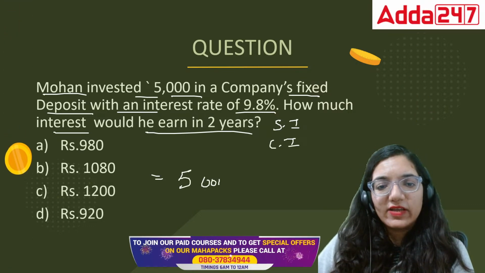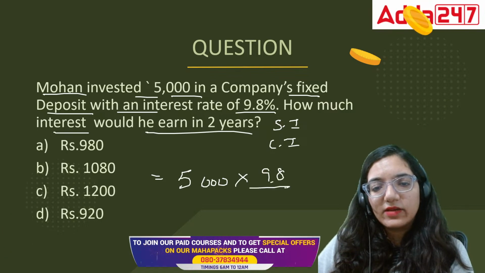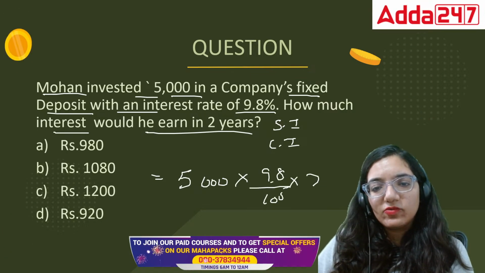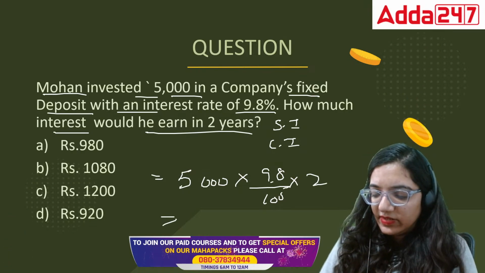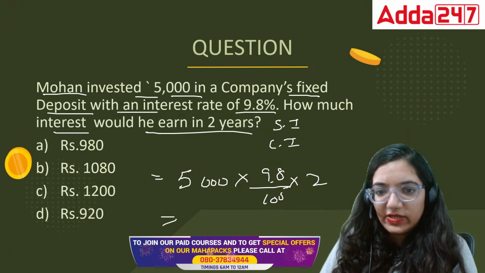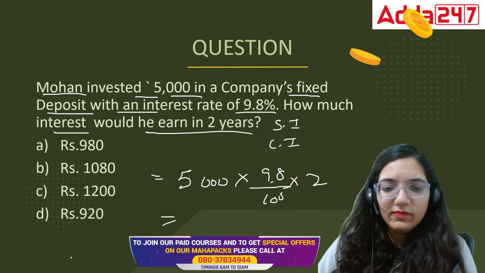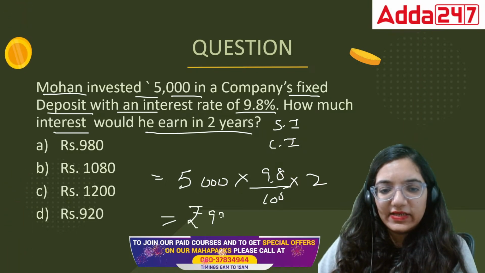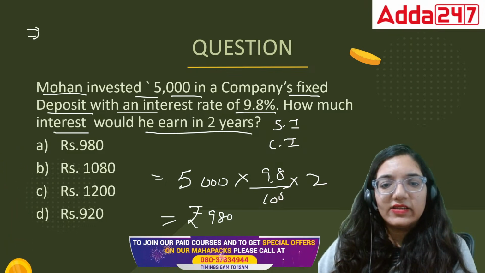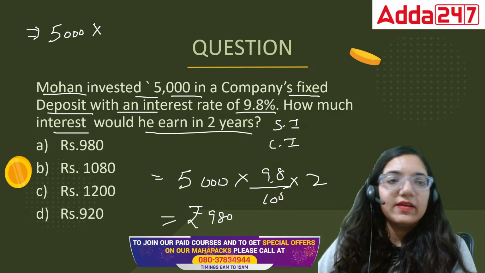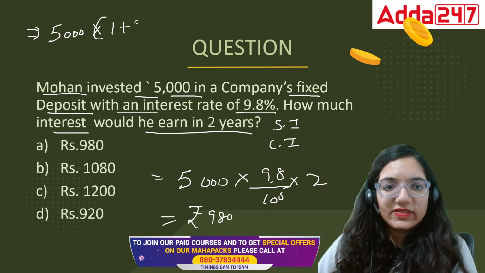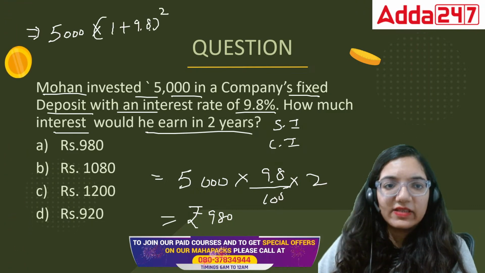If I'm using 5,000 multiplied by 9.8% multiplied by 2 years, what are we getting in this case? It is rupees 980. And in the second case, what will it be? That is 5,000 multiplied by (1 + 9.8%) squared.